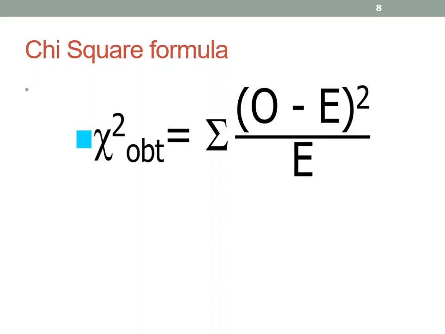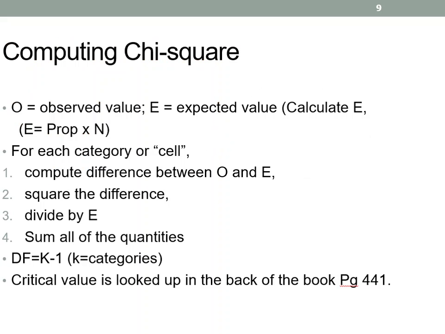Here's the chi-square formula. There is another PowerPoint that will be posted on how to actually calculate it, but it is pretty simple and straightforward. So the first step in calculating any chi-square, both the test of independence and the goodness of fit, is the observed value minus the expected, over expected.